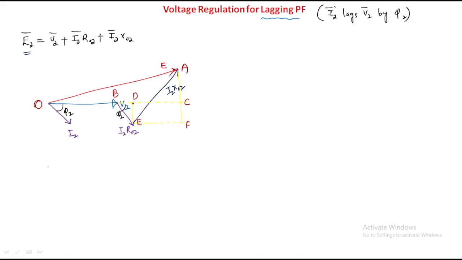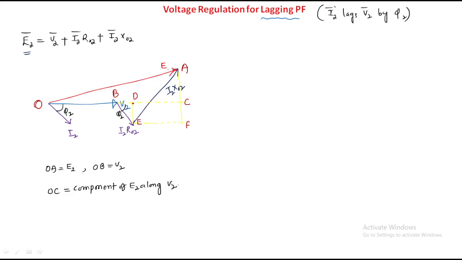So we have to get what? From this, OA should be equal to E2, OB should be equal to V2 only. So OC should be equal to the component of E2 along V2.